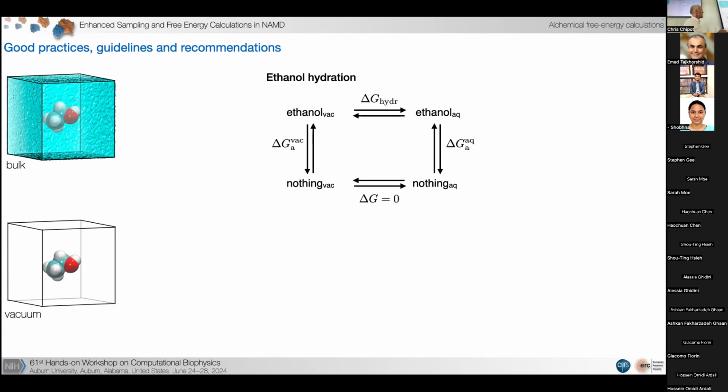And so this minus this is equal to this, because of course, transforming nothing into nothing is 0, right? So this is the setup. So I have my ethanol in bulk water. I have my ethanol in vacuum, and I'm making them slowly disappear using lambda, using a schedule. And there you go. They're gone.